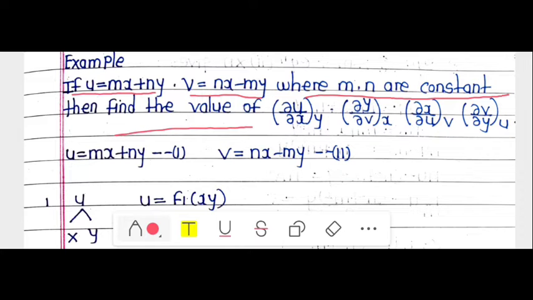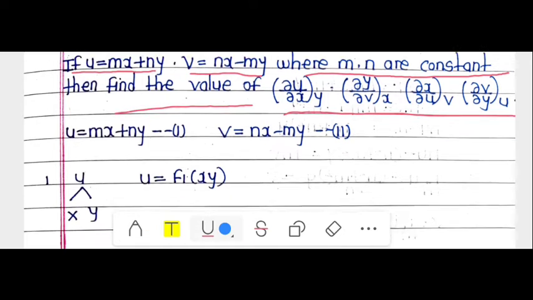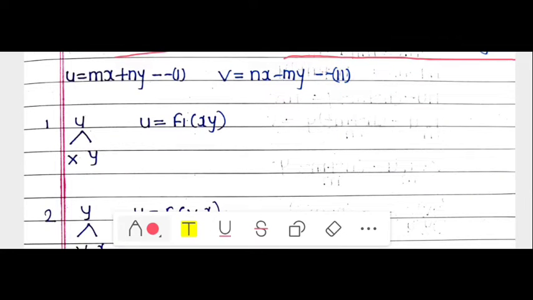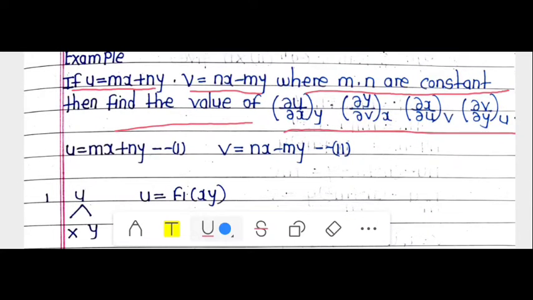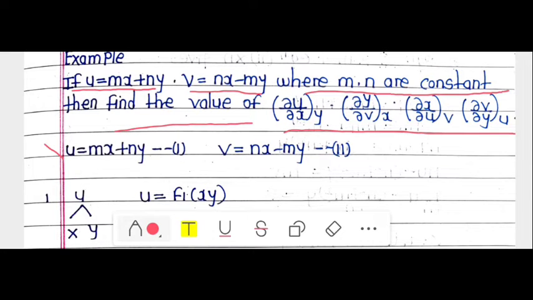Here, in these partial derivatives, the variables in the suffixes are treated as constants. So, to find the value of these partial derivatives and the multiplication of these four partial derivatives, first we write the given functions u is equal to mx plus ny and v is equal to nx minus my.